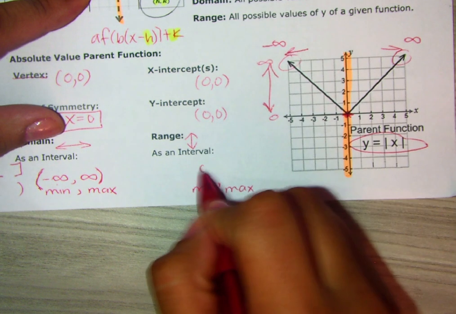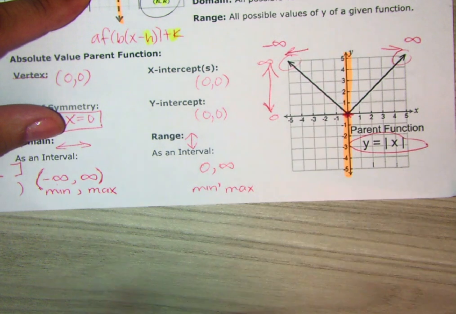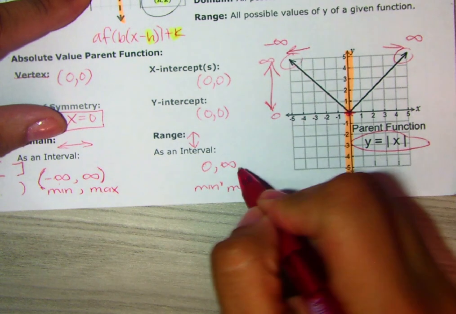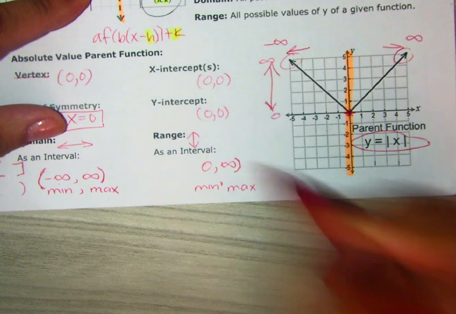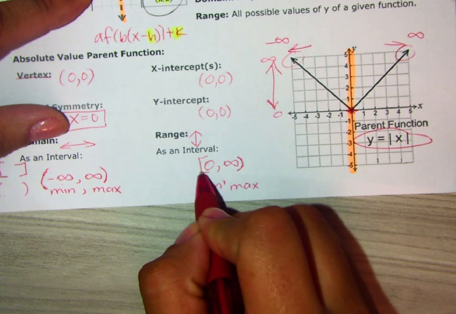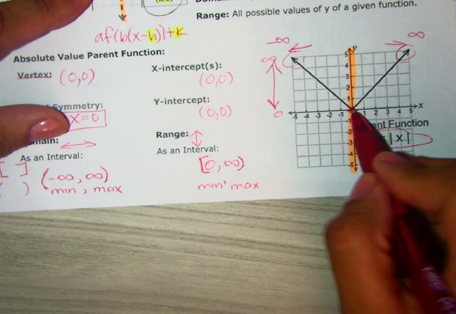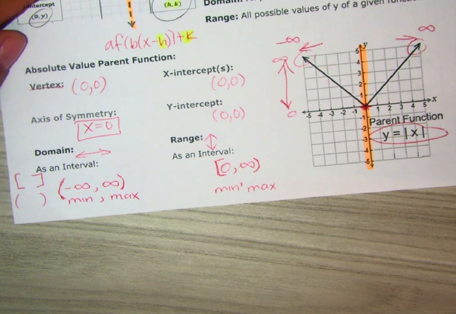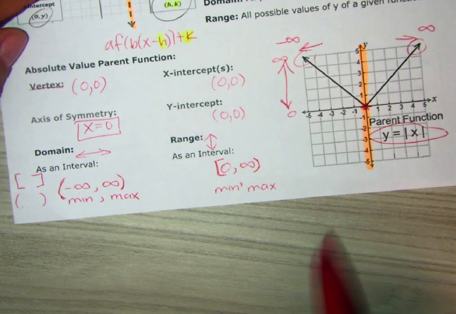So we're going to write 0, comma, infinity. On the infinity side, we use a parenthesis because we are approaching infinity. But on the left side, we are going to put a bracket because we are actually stopping at 0 and including the 0. So that takes care of analyzing these 6 attributes for the parent function.